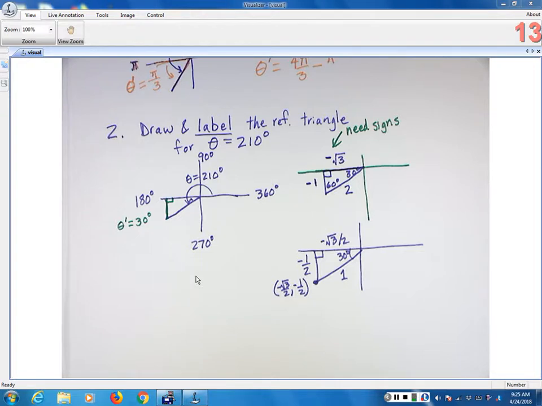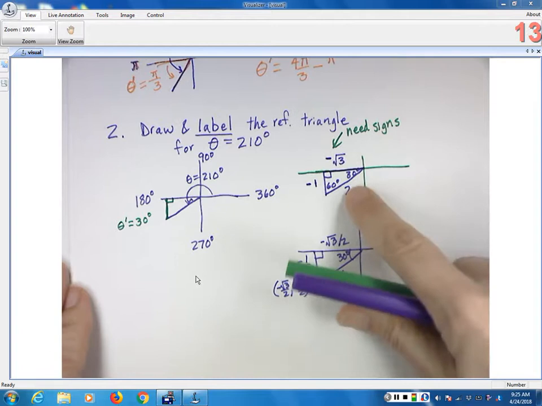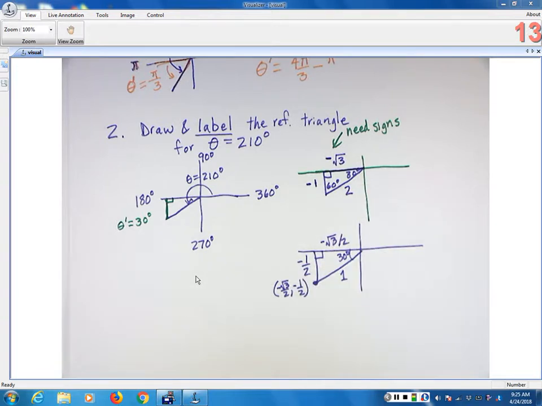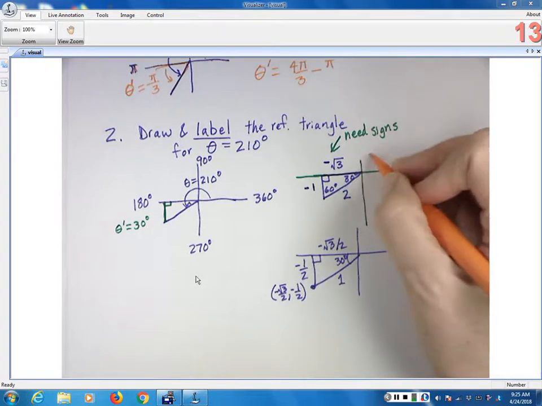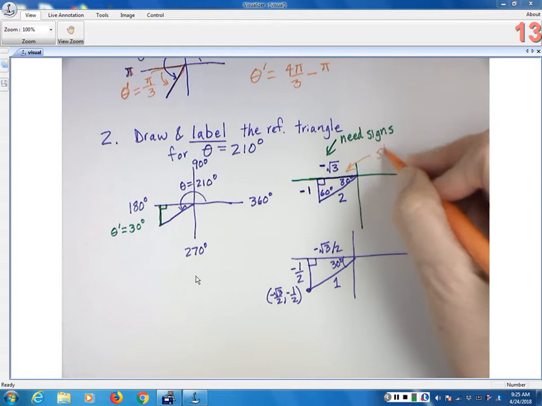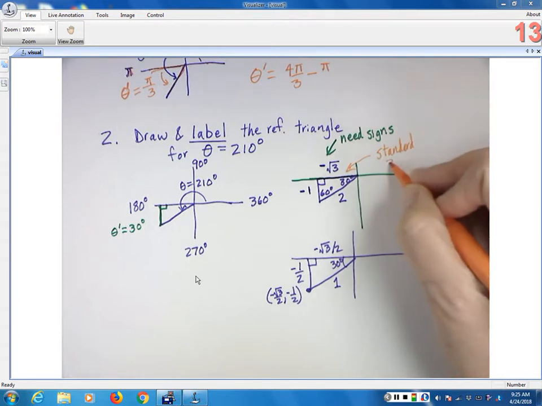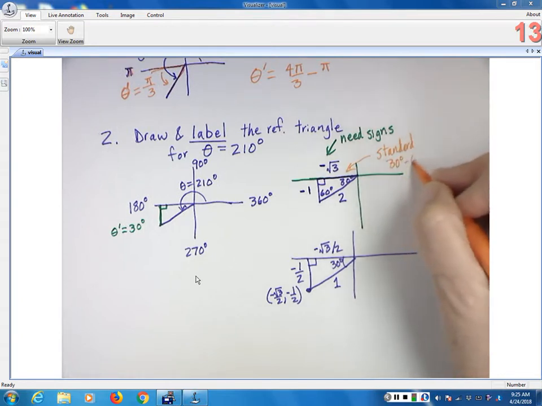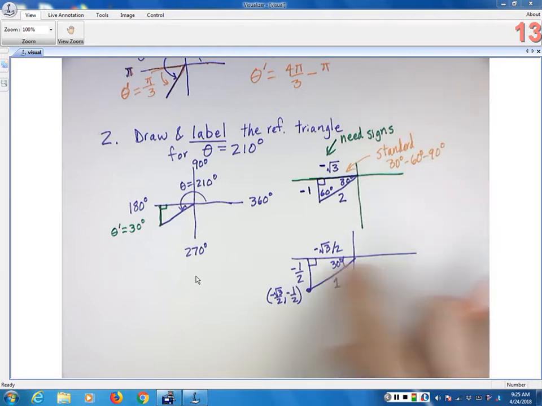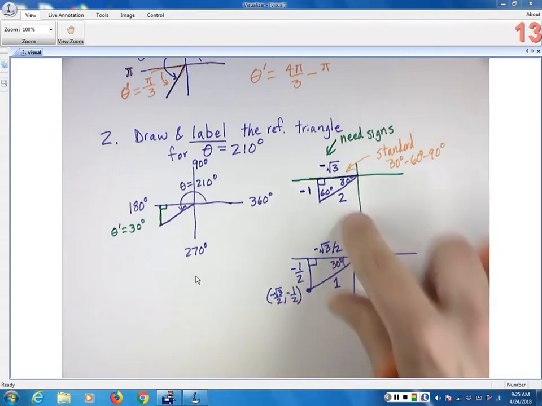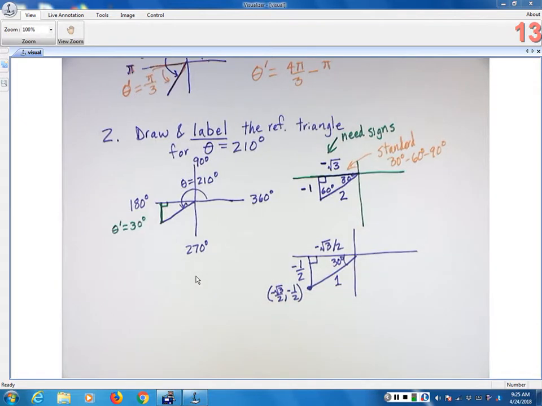So this, up here, is actually the standard 30, 60, 90 triangle. If you want to draw it with this, by dividing everything by 2, that was one of the worksheets I did, you can. It just makes it harder to find opposite over adjacent.